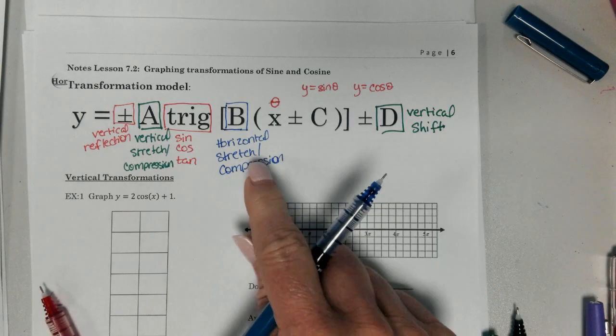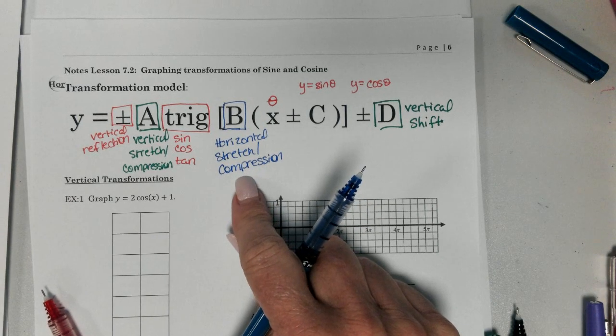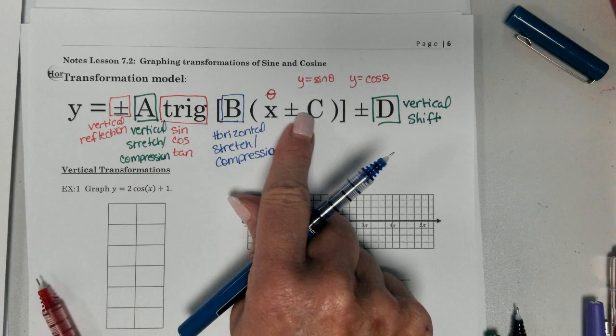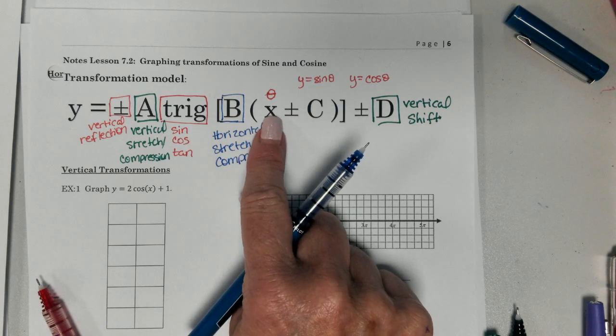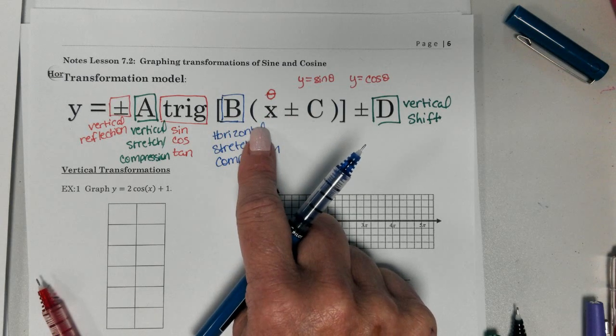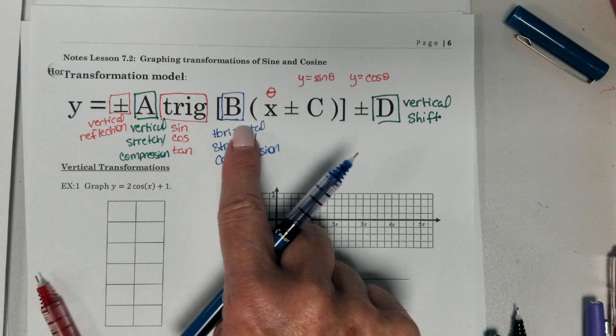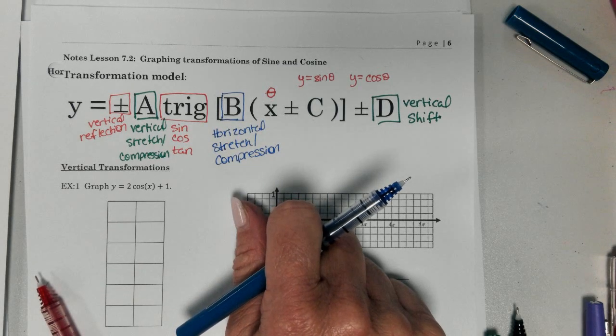And if you remember, just like any other function we did, the horizontal changes are always the opposite of what it indicates in here. It's always going to have the opposite effect.